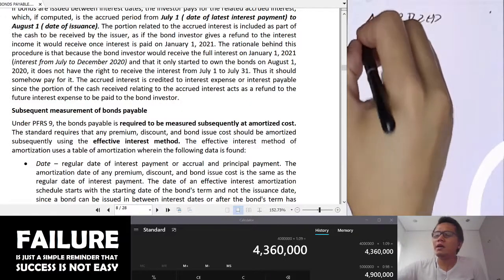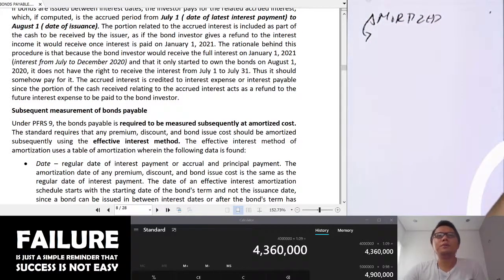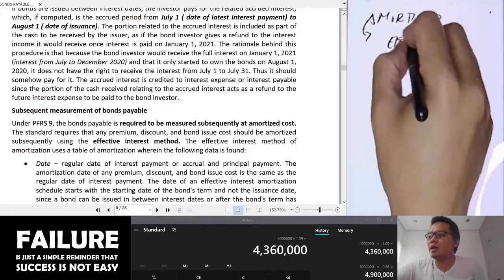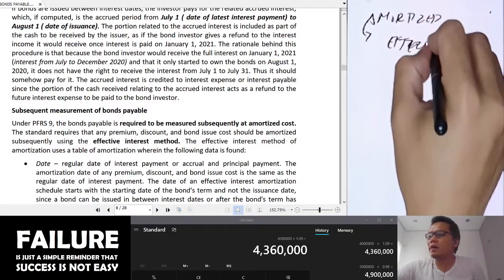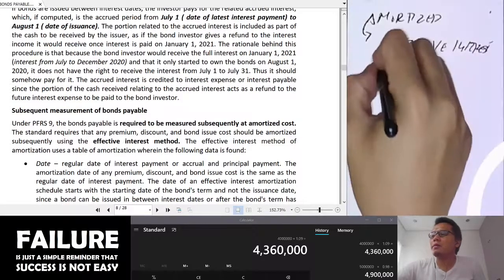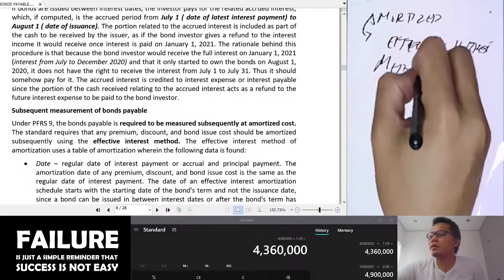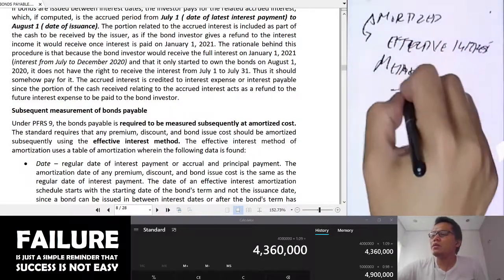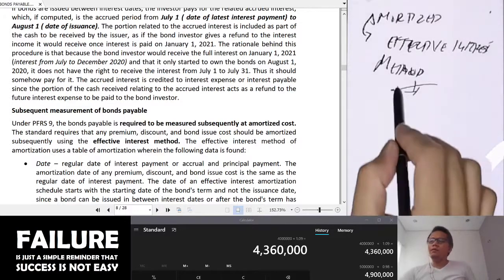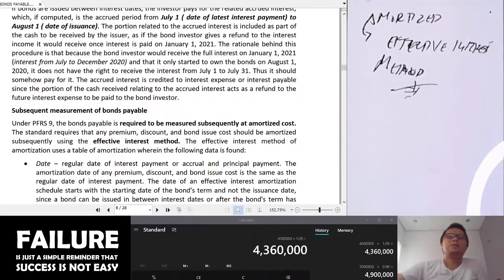Na amortized cost daw should be presented using the effective interest method. Okay? Using the effective interest method. So, walang straight line, or there are no other methods. Effective interest method lang. Okay?